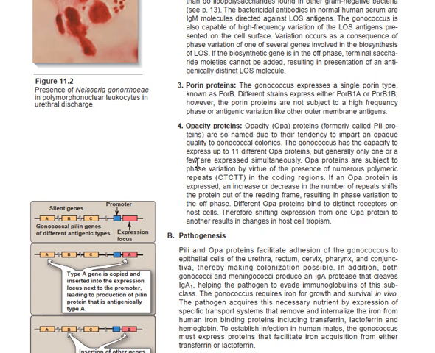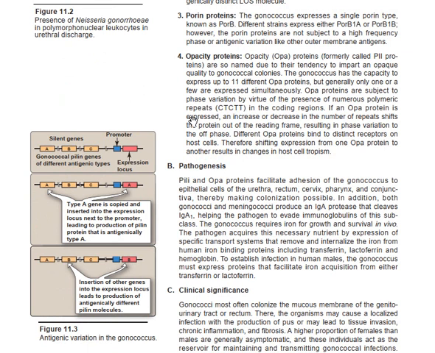The opacity proteins, which were formerly called the pilus proteins, are so named because of the tendency to be opaque in quality. Is it clear? And the gonococcus has the capacity to express 11 different Opa proteins. Is it clear? So these are the different pathogenic factors which help Neisseria gonorrhoeae to invade the different cells of the body.